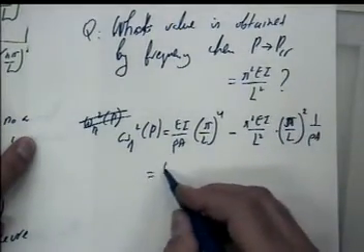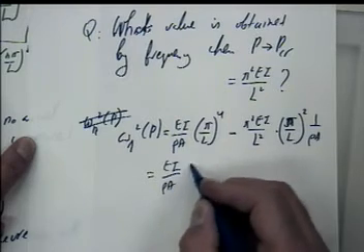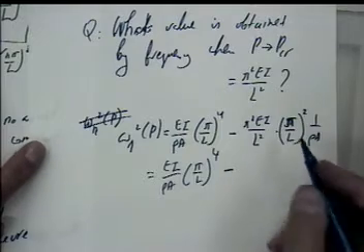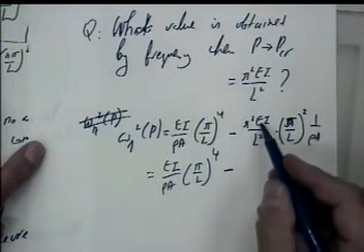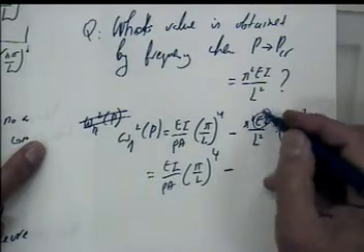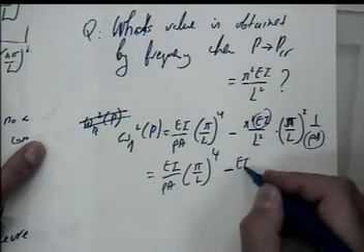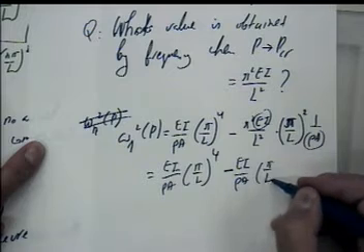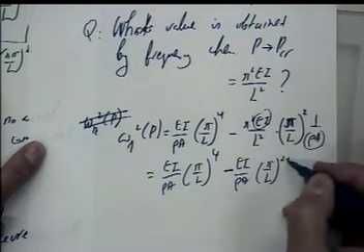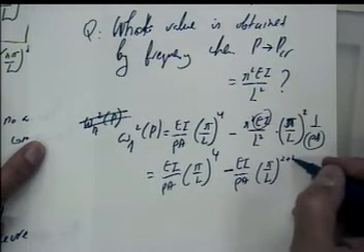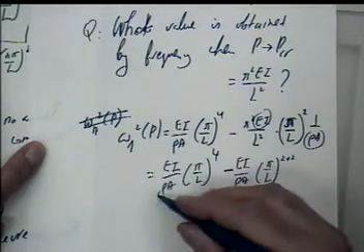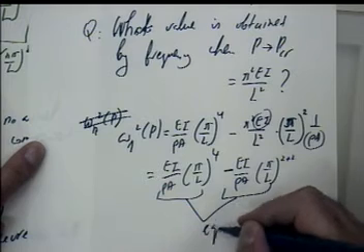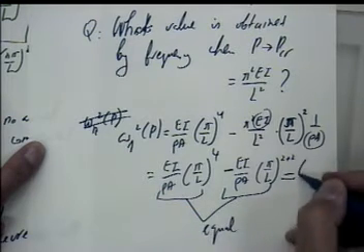So we get EI over rho A pi over L to the fourth power minus EI, look, here is EI and there is rho A. EI over rho A, so pi over L squared, but then we have squared. So that is the fourth power. So this expression and this expression are equal. So that is 0.